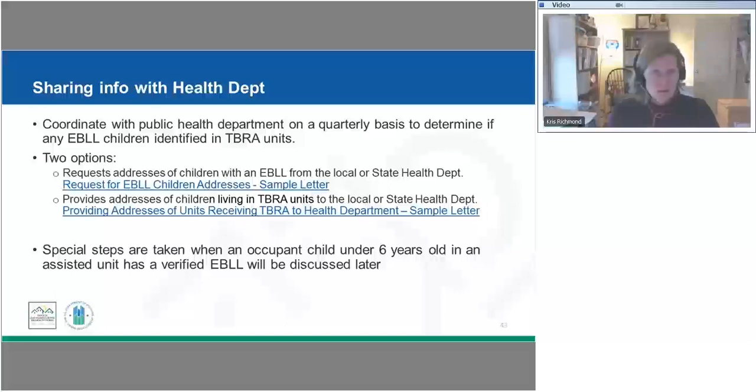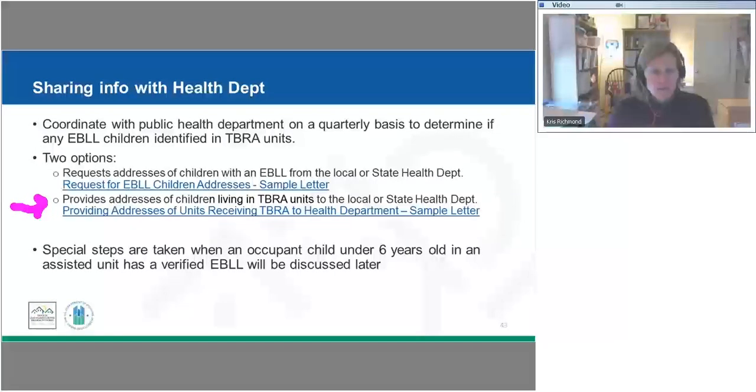The most common one that we see is the second option, where you're actually providing addresses of where you're funding TBRA units to the health department, and then the health department is comparing that to the addresses of any children who have been identified with EBLL to see if they match any of your addresses. Then they need to communicate with you, yes we do, and then we'll start to move down the path of what we do when we have an EBLL child.